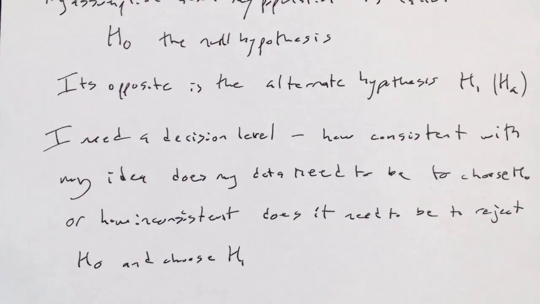My decision level is how consistent with my idea. How close do I have to be to say, all right, I'm going to go with my idea was right? How far off do I need to be to say, nope, my idea is wrong, it's inconsistent, reject my assumption and pick the other one?